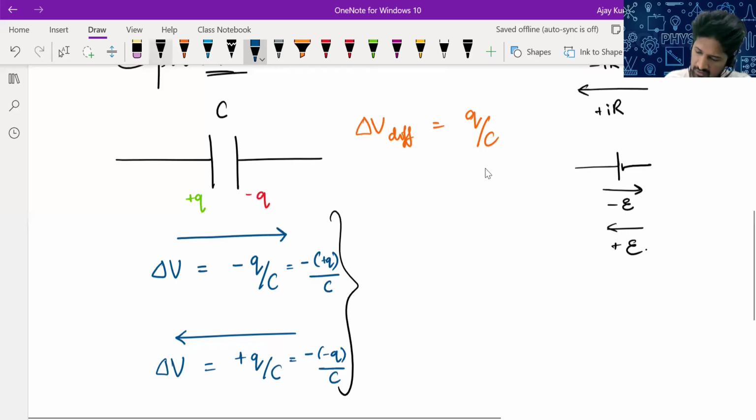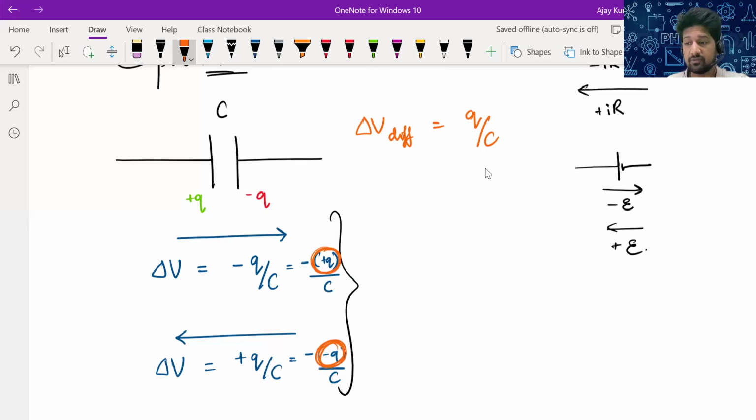The plus Q here and the minus Q here in this case are the charges on the first plate that you come across when moving across a capacitor.